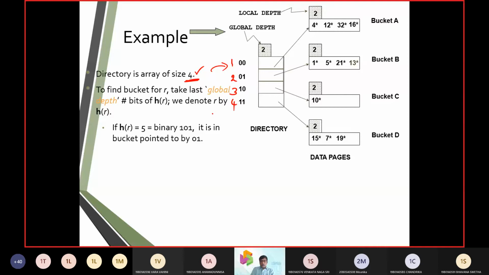Next, we are naming the buckets at this point. So we have 1, 2, 3, 4 entries.